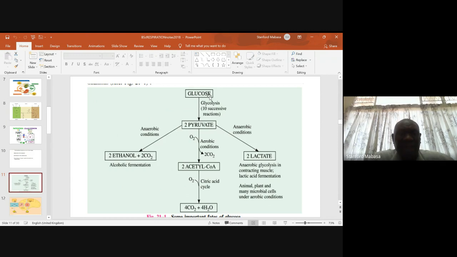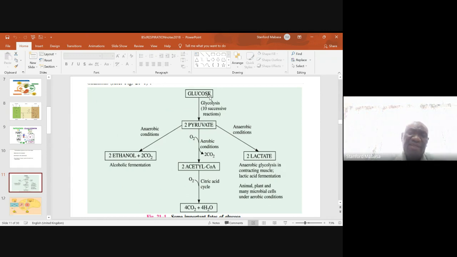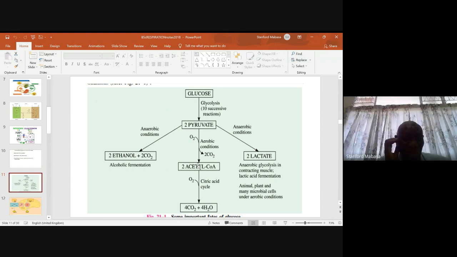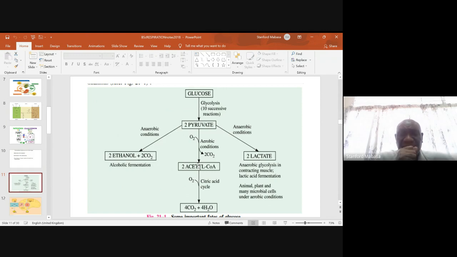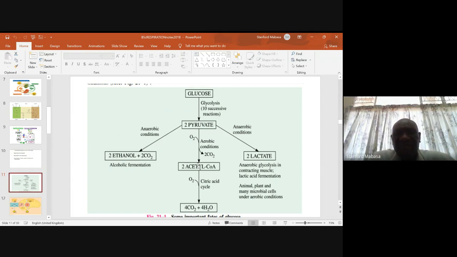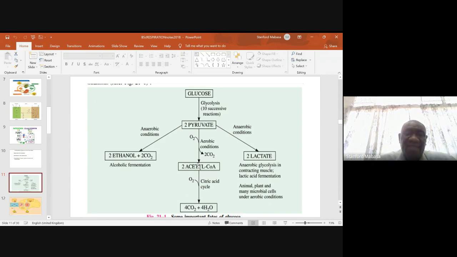This one is possible through the presence of yeast, but otherwise, the pyruvate may be oxidized during aerobic respiration in the presence of oxygen and produce acetyl coenzyme A. The acetyl coenzyme A will now enter the citric acid cycle, which also utilizes the oxygen and later produces carbon dioxide and water.